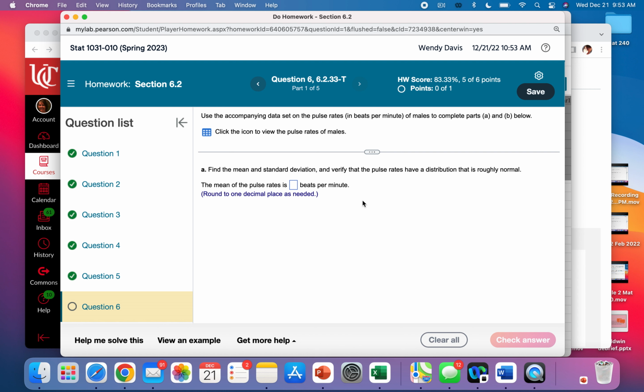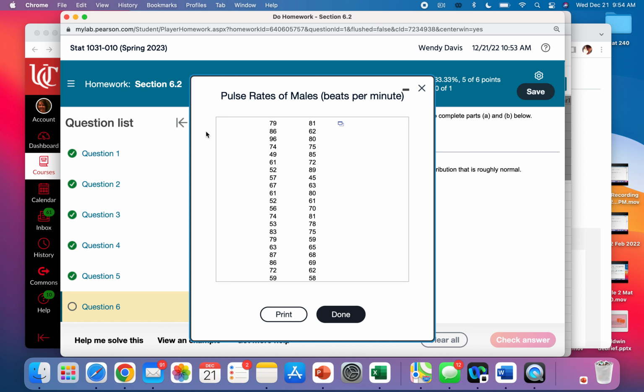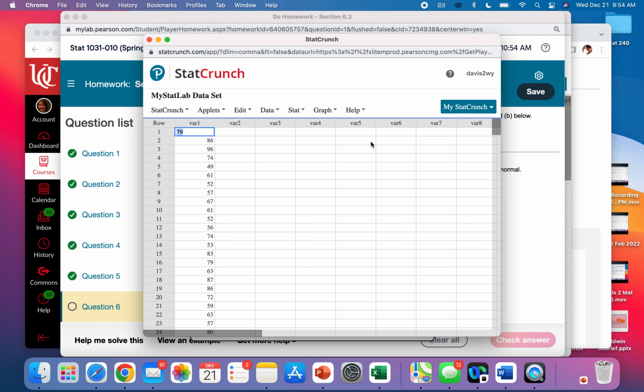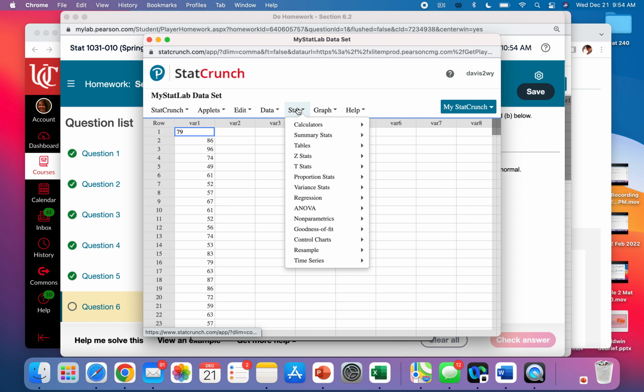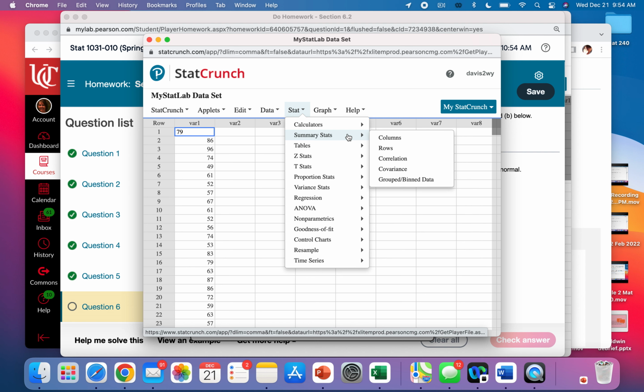Now this one says find the mean and standard deviation. So we're going to use the data table. That's a lot of numbers, so what we're going to do is click Open in StatCrunch. Stat, or no, sorry, summary statistics.